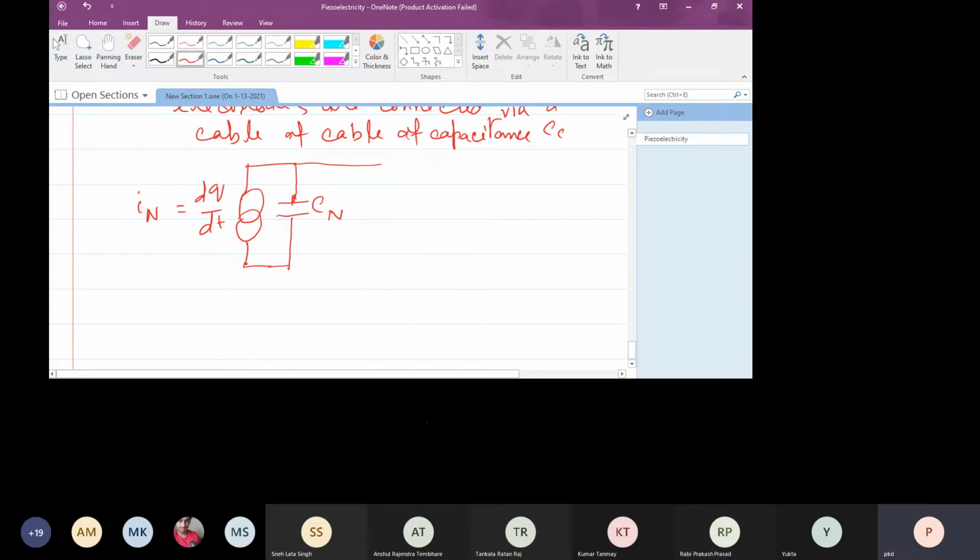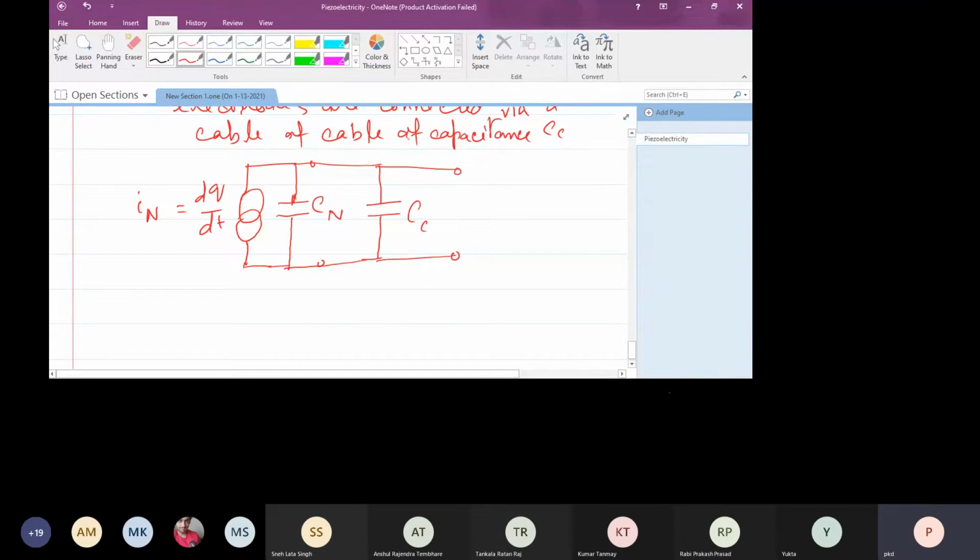Now this is connected via a cable, so again we approximate it by another capacitance Cc, so here would be the measurement.